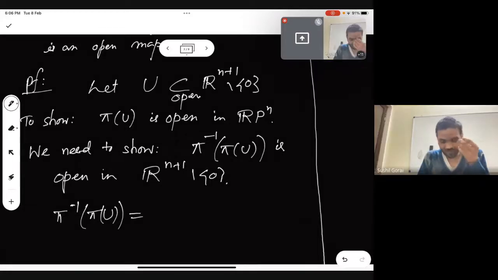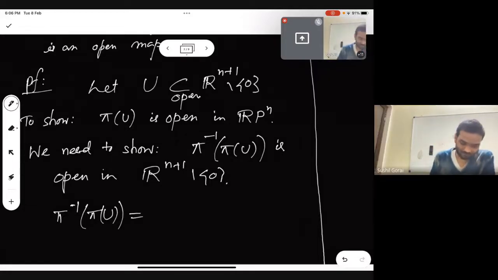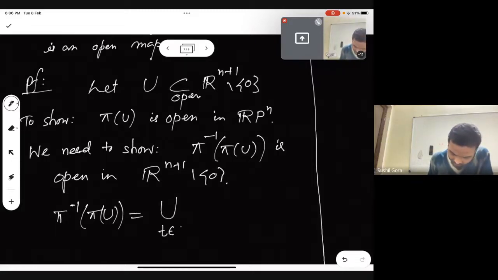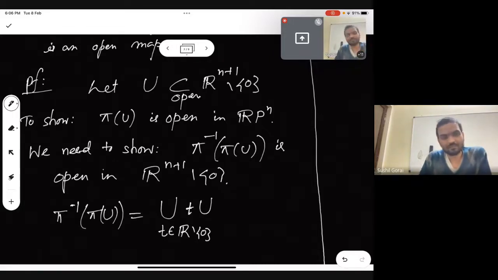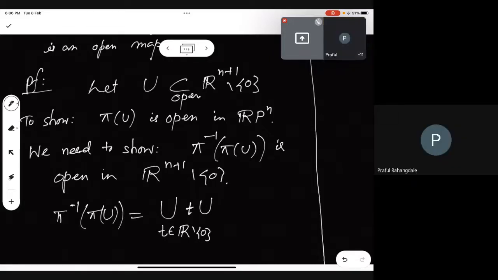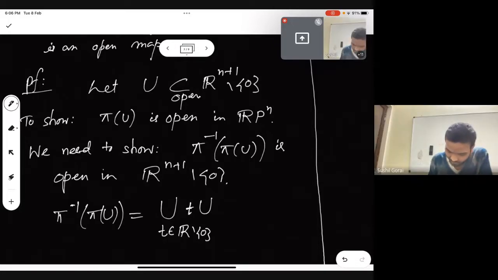Okay, yeah, that's correct. So this is nothing but the union over T belonging to R minus the origin of TU. At T equal to 1, you get U. Yeah, correct. So this is open.